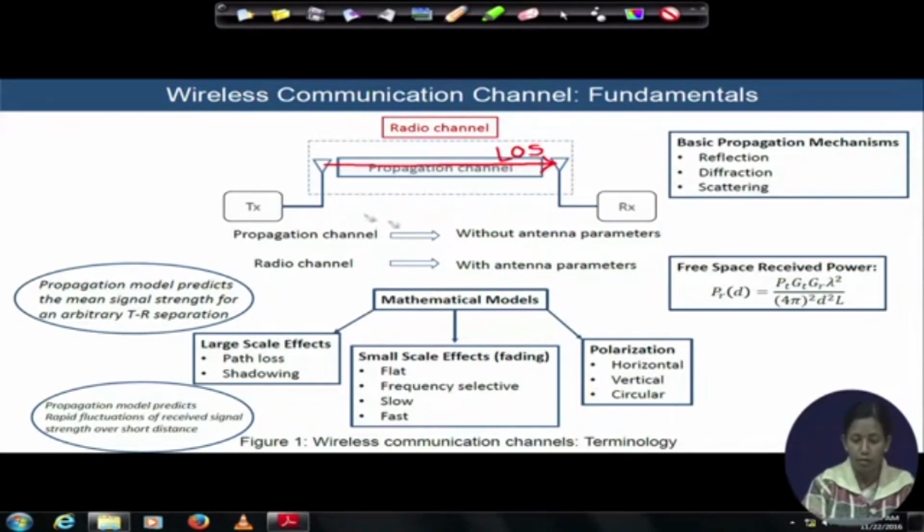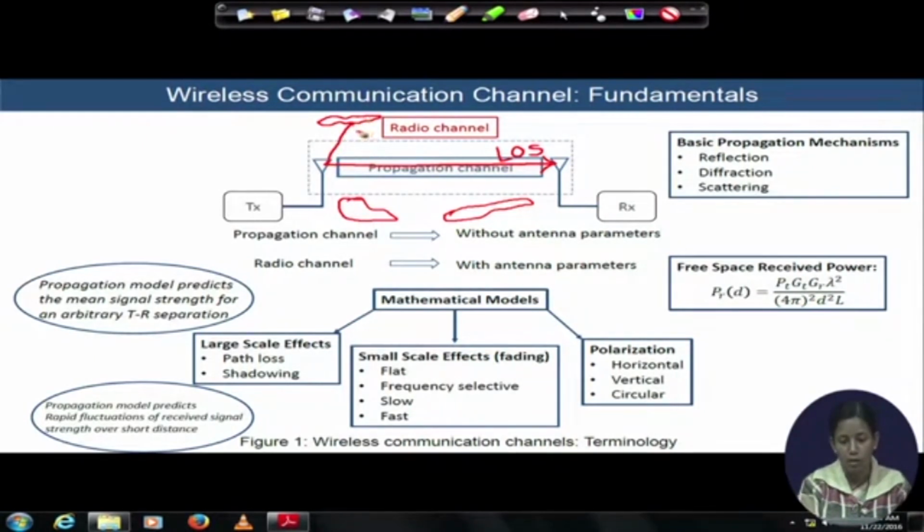Over the air on the wireless channel, you will see a lot of scatterers. If it is outdoor communication, then a lot of high-rise buildings and other elements present in the environment will be responsible for giving you reflected rays after the electromagnetic waves hit them and are scattered by them, like this.